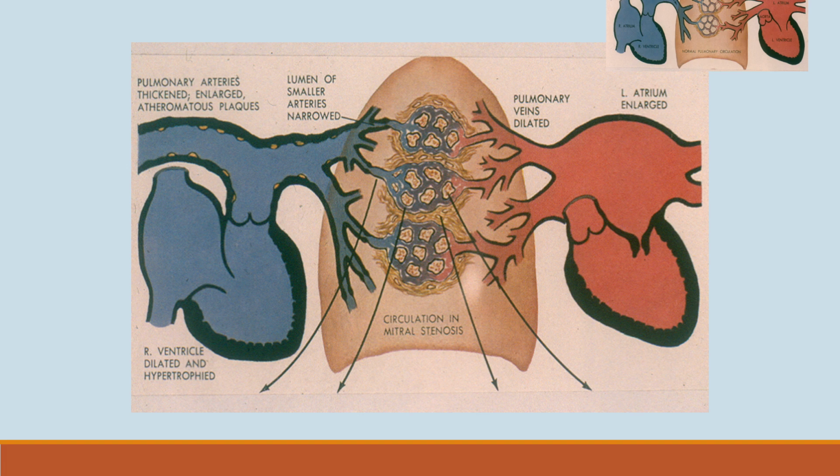So when the right ventricle fails, the tricuspid valve annulus will dilate because of the dilatation of the right ventricle, and you can develop tricuspid regurgitation.